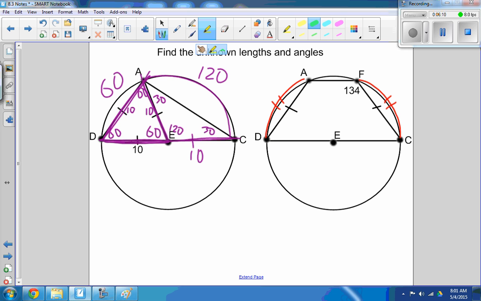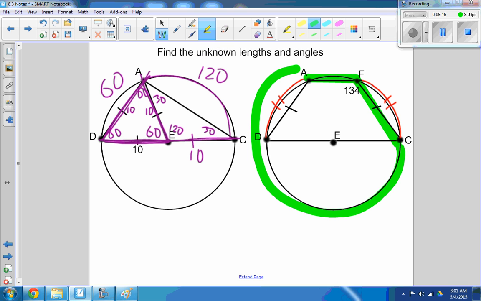We know 134 degrees creates this whole arc. Well, we know that this part of the arc is 180 degrees. So 134 times 2, that's 268.